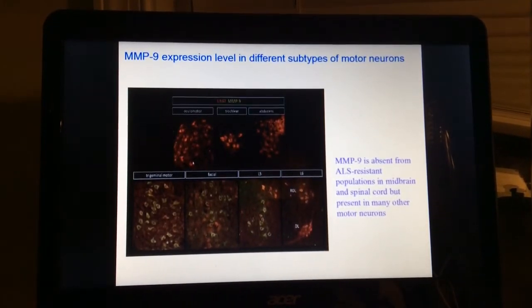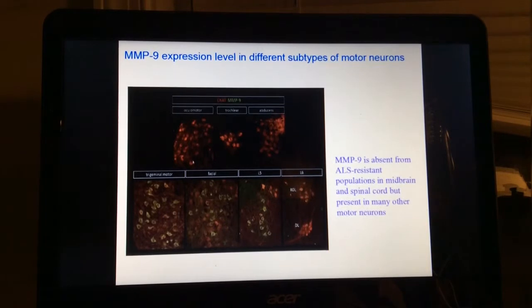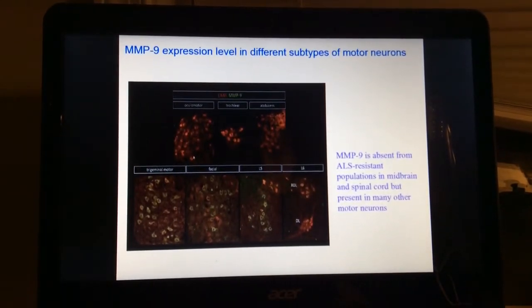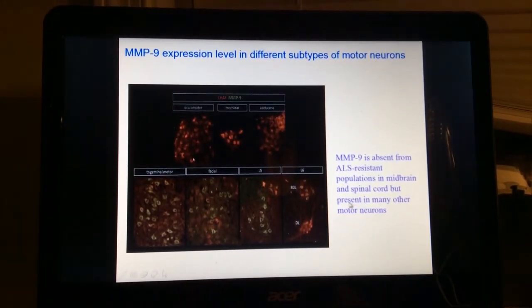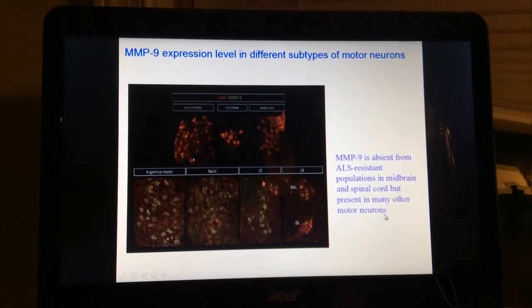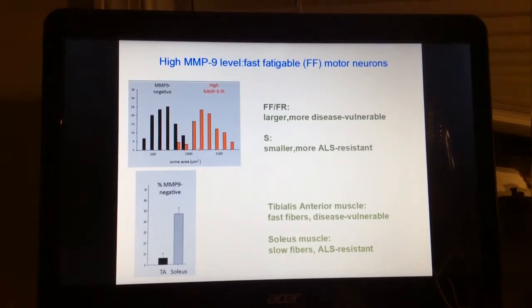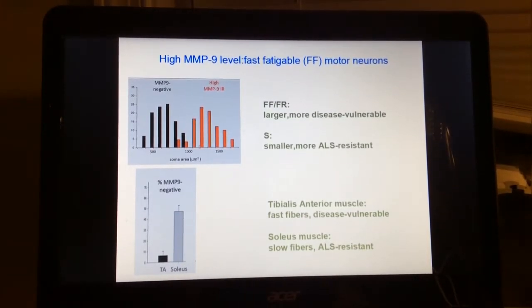L5 means vulnerable lumbar level 5. So MMP9 is absent from ALS-resistant populations in midbrain and spinal cord, but present in many other motor neurons. So does that mean high MMP9 level is a marker for fast fatigable motor neurons?